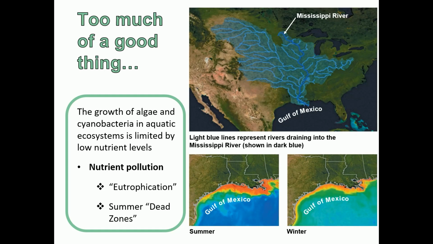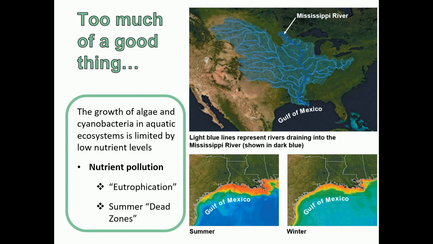So think about all of those farms and all of the artificial fertilizer that we use on all of that cropland. Not only does it get channeled into the local streams and rivers, but because these are all connected to each other, all of that fertilizer eventually ends up going into the Mississippi River, and then it all gets funneled directly into the Gulf of Mexico.